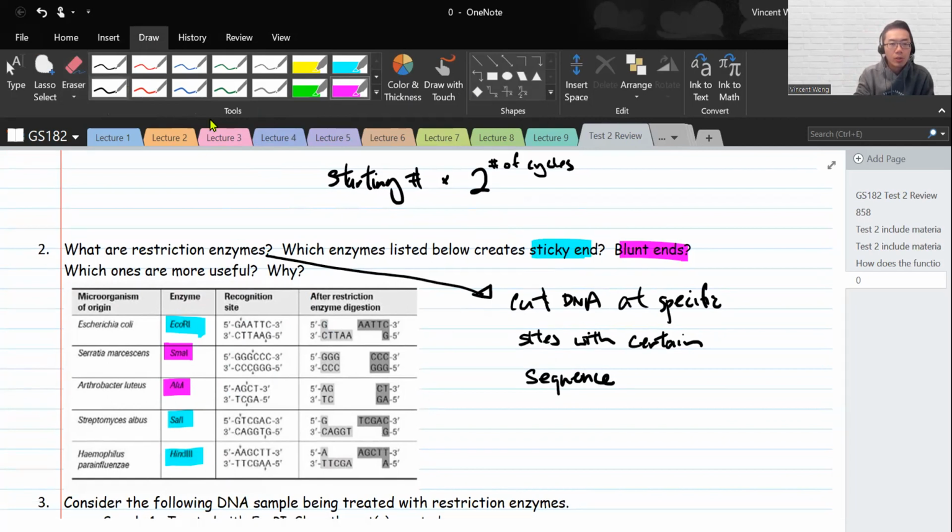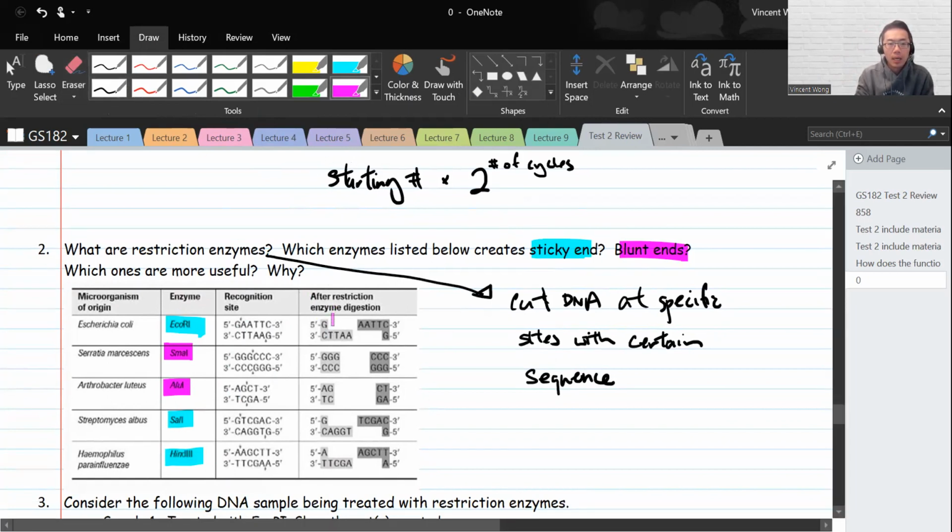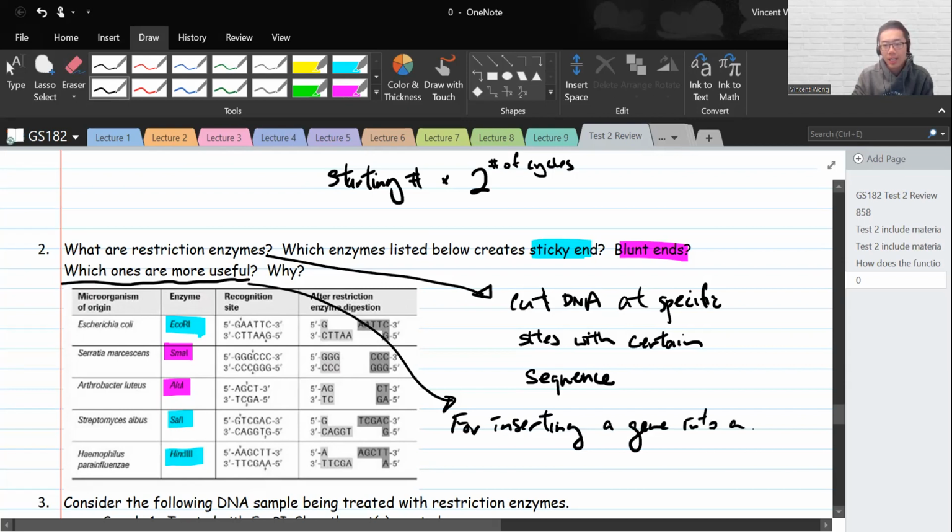Which one is more useful? I mean, that's actually poorly phrased now that I look at it. They both have their own application, okay? But for inserting a gene into a plasmid, right?